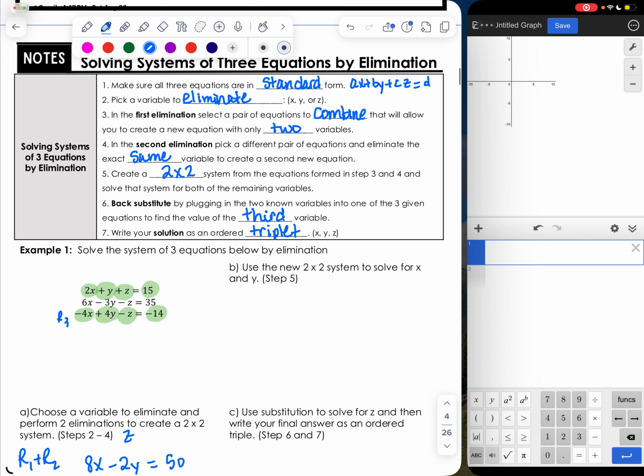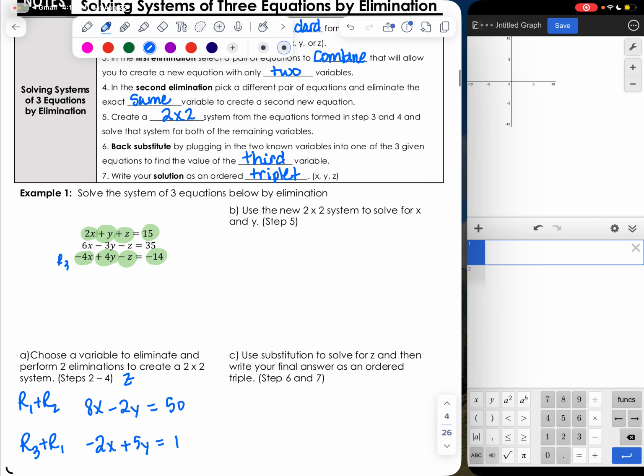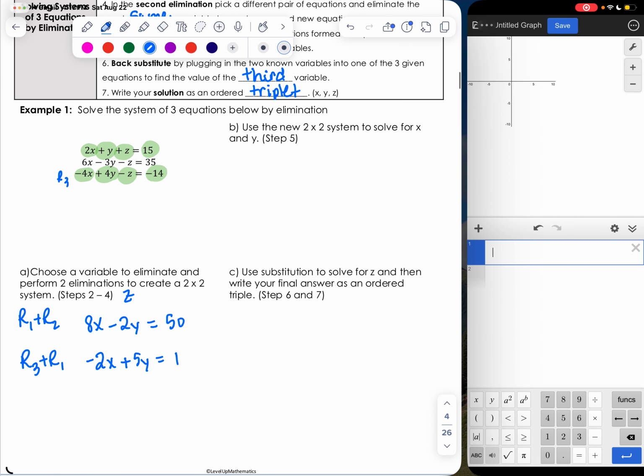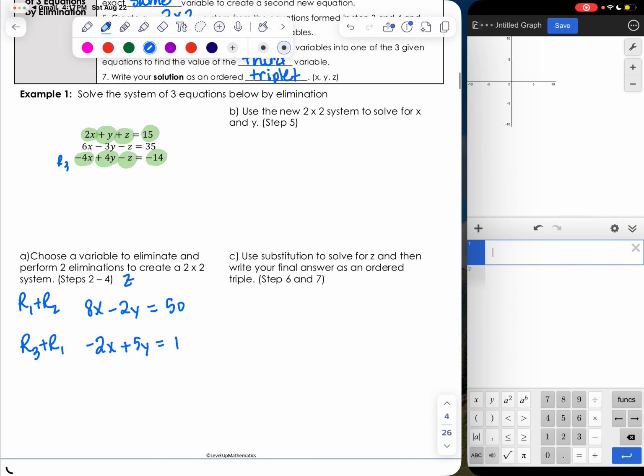Now, step 5 says create a 2 by 2 system from the equations formed in step 3 and 4. So I'm going to take these new equations that I just formed and write them down here. 8x minus 2y equals 50. And negative 2x plus 5y equals 1. And I want to solve this new 2 by 2 system, 2 equations and 2 unknowns.